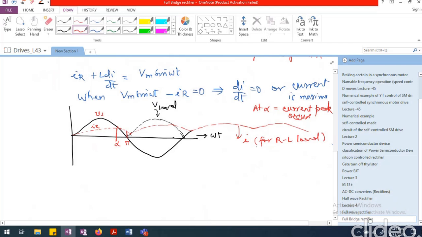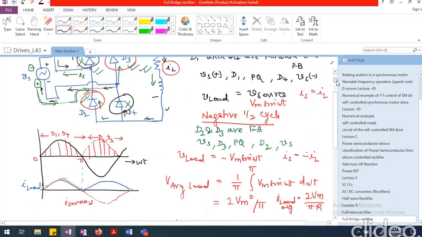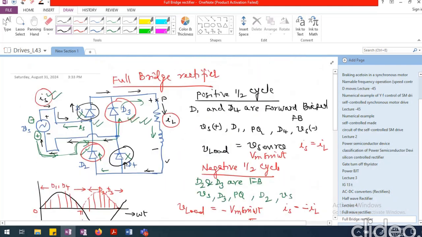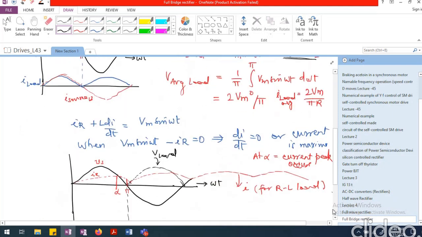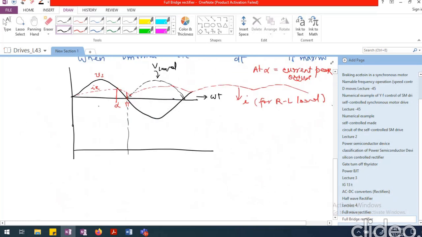As far as the source side current is concerned, until D1 and D2 are conducting, the source current is the same as the load current direction. So IS and IL will be exactly the same. Only when the other two diodes are conducting is it reversed. So I first draw this current going like this and coming down.